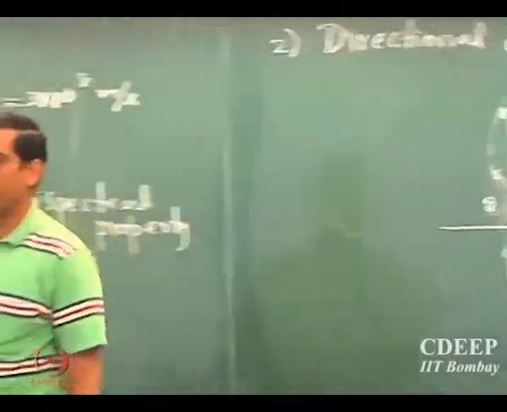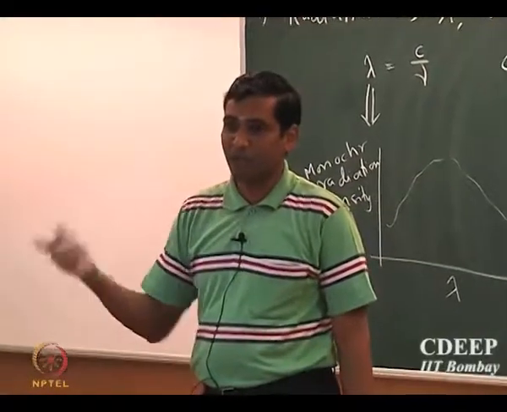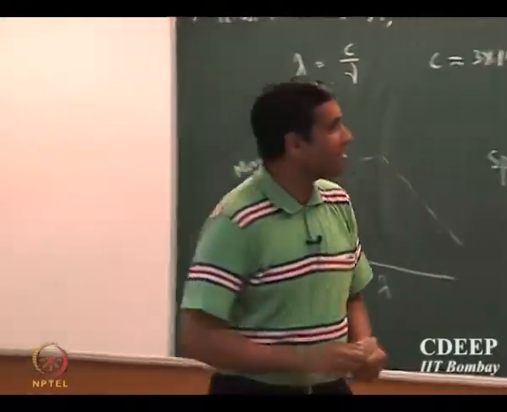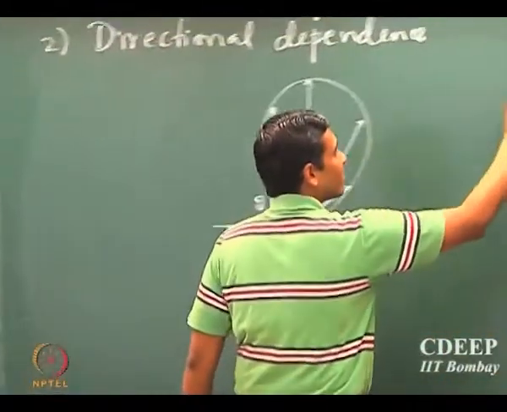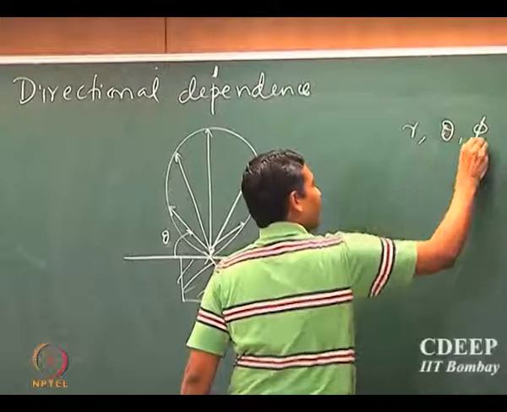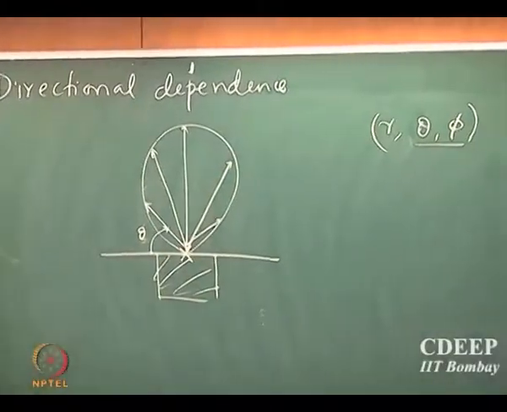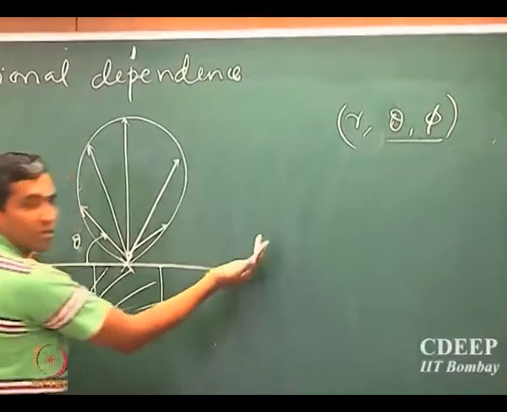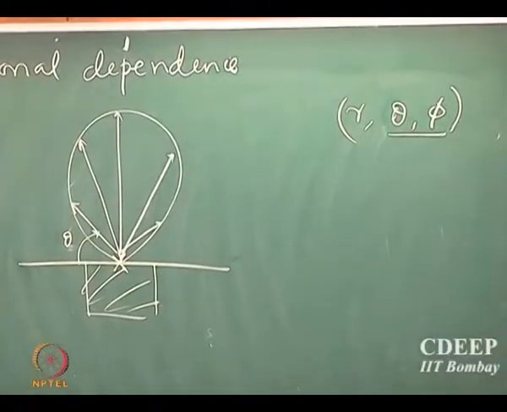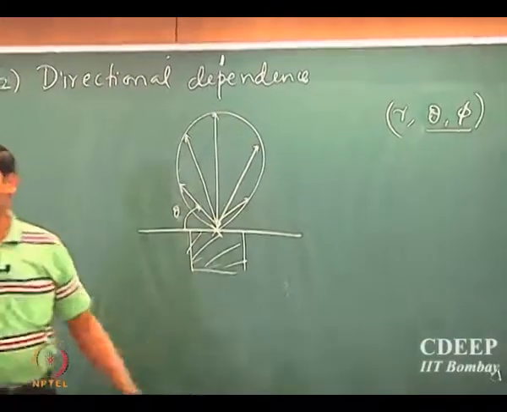If you imagine a sphere, there are two angles to the sphere. One is generally called theta. So in any sphere, you have three coordinates: r, theta, and phi. If I put a hemisphere on top of this, the radiation emitted by that surface is in principle dependent on both theta and phi.